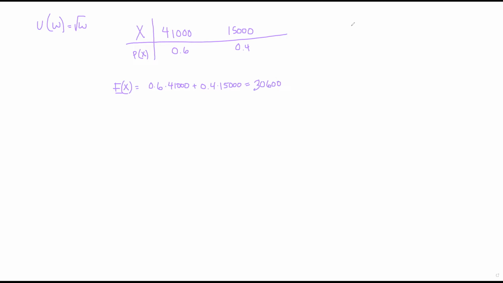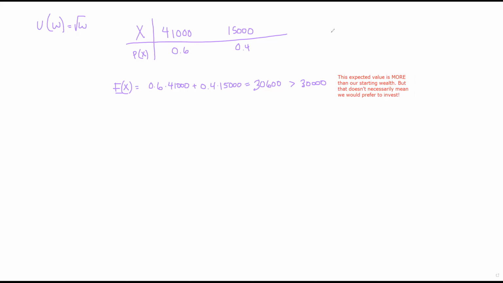Now notice this expected value is more than our starting wealth. But that doesn't necessarily mean we would prefer to invest. That's something we'll cross a bit later, I think maybe in part B.